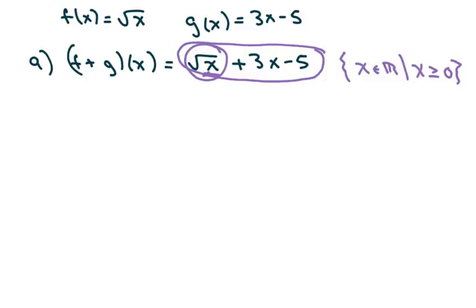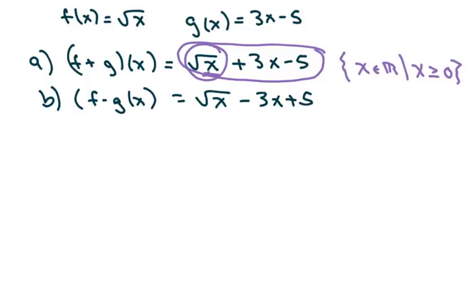Now for b, we have f minus g of x, which is kind of the same thing, but with minus. When you minus that, it's going to distribute, so I'm just going to do it that way, because you have to distribute the negative. And it's going to be the same thing. The domain is all real numbers, however, such that x has to be greater than or equal to 0, mainly because of this piece that's included.